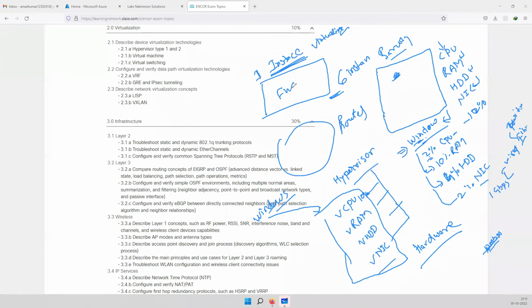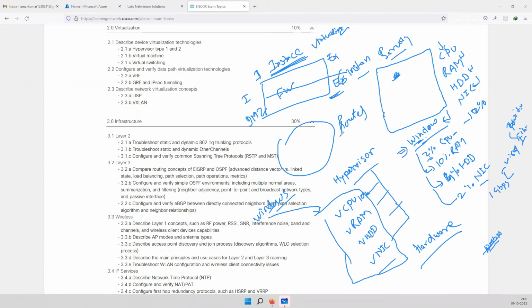So you can run 6 virtual firewalls, and the traffic between those instances would be segregated. One instance you can use between internal and external, and another instance between DMZ and external. So this kind of virtualization you can do.